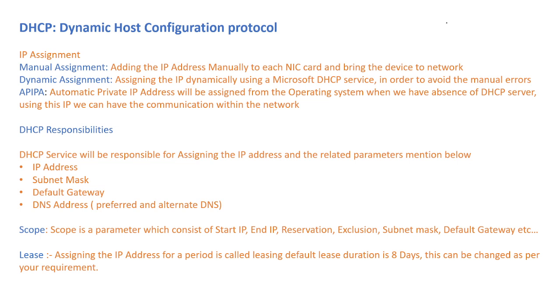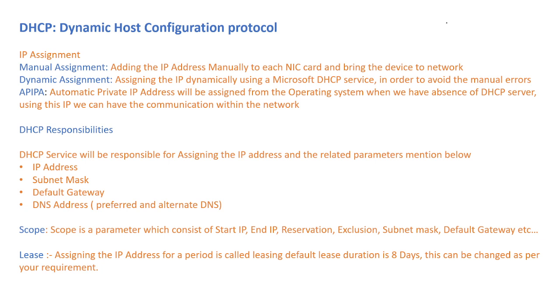APIPA is automatic private IP address. When the computer is set to get the IP address automatically, if the DHCP server is not present in the network, the computer operating system itself will assign an IP address. That is called APIPA. 100% this question will be asked.